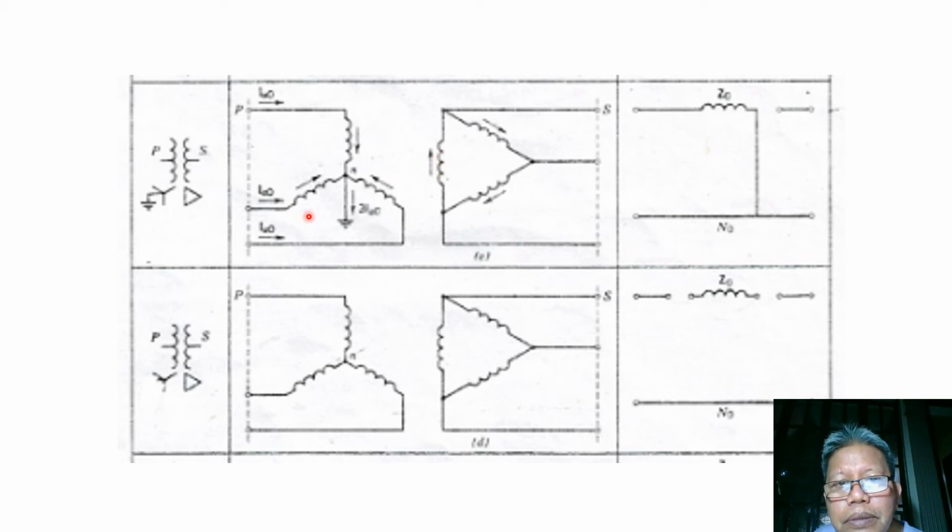Similarly for this winding, it will produce also a corresponding short circuit current in the secondary.